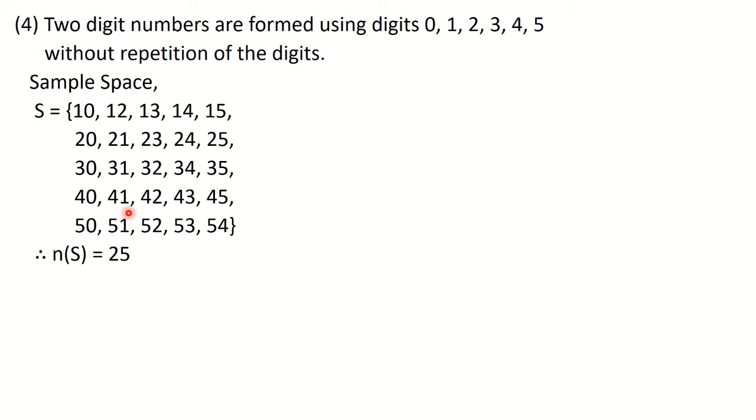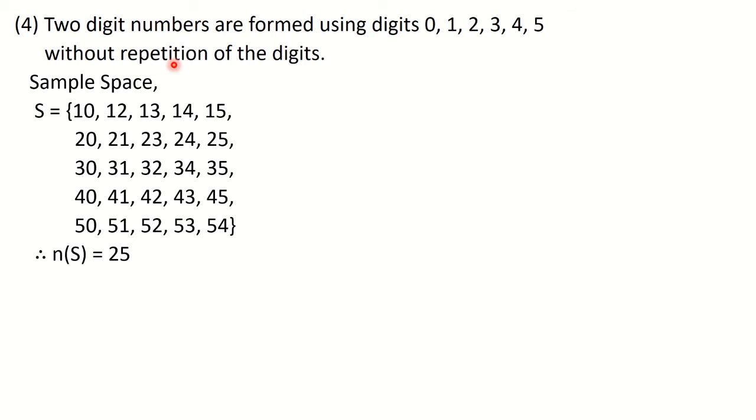Then 40, 41, 42, 43, 45. And finally 5: 50, 51, 52, 53, 54. See, repeated numbers we have not taken. We have ignored 11, 22, 33, 44 and 55 because repetition is not allowed.